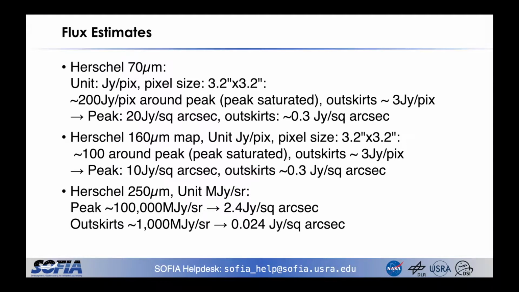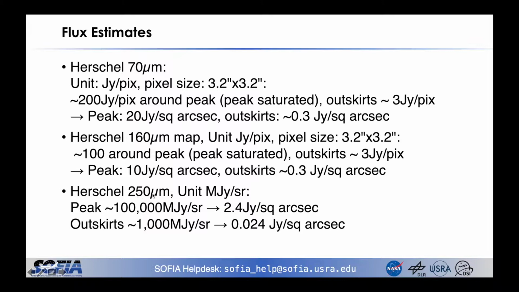Herschel 70 micron unit is Jansky per pixel with the noted pixel size. In the outskirts we find around 3 Jansky per pixel. For SITE, as you will see, we need the unit Jansky per square arcsecond. So since the pixel size is about 10 square arcseconds, we have 0.3 Jansky per square arcsecond in the outskirts at 70 and also at 160 microns.